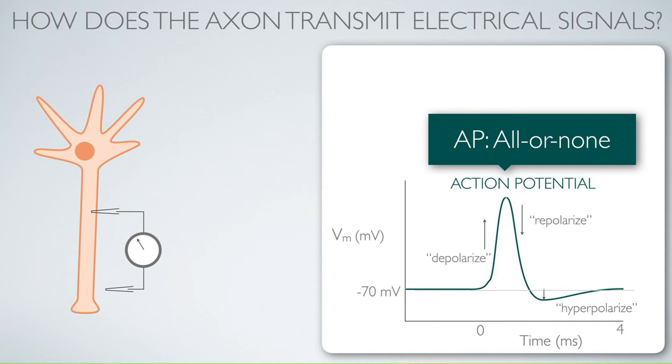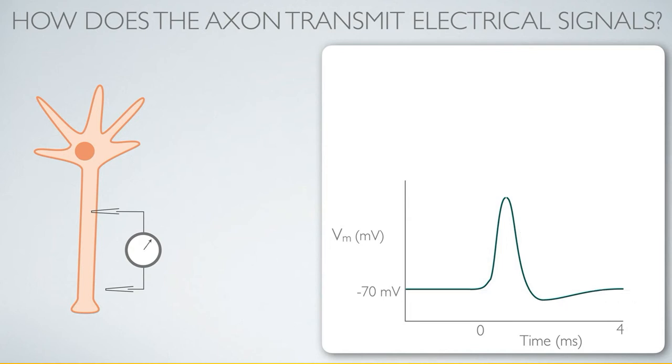All right, so we've noticed this very rapid change, this rapid depolarization, repolarization, and hyperpolarization. What is it driven by? In the last lecture we talked about the Goldman equation, and we described how changes in membrane permeability can cause a change in the membrane potential. In particular, we focused on the role of sodium.